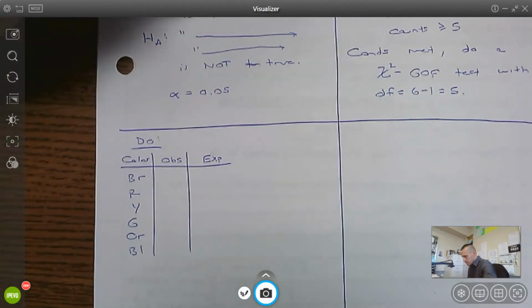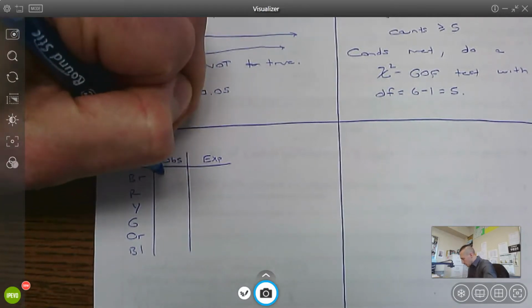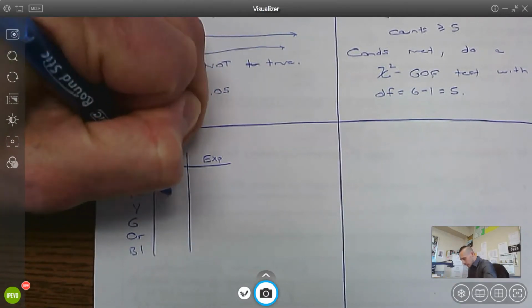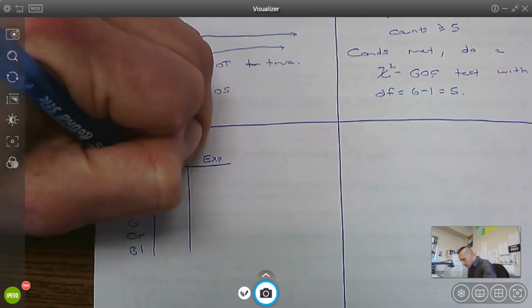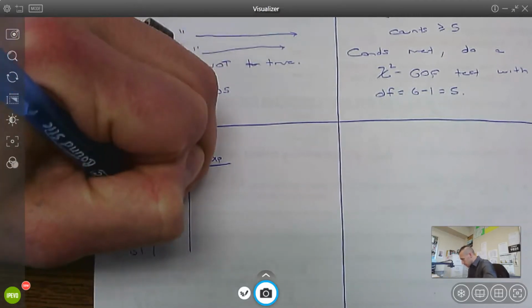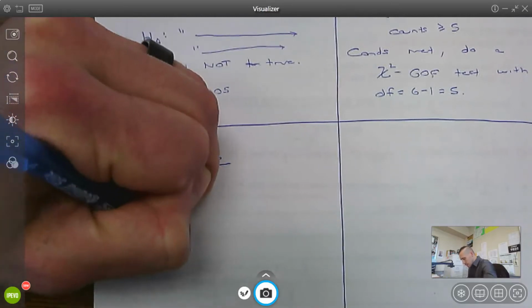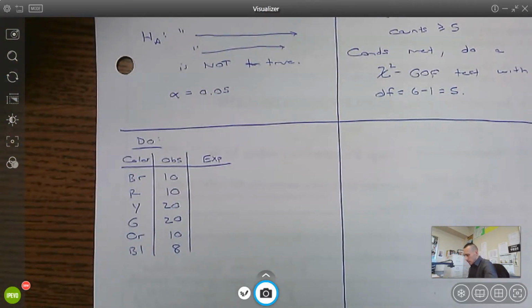We observed, this is what actually happened in the data. There was 10 brown, 10 red, 20 yellow, 20 green, 10 orange, and 8 blue.